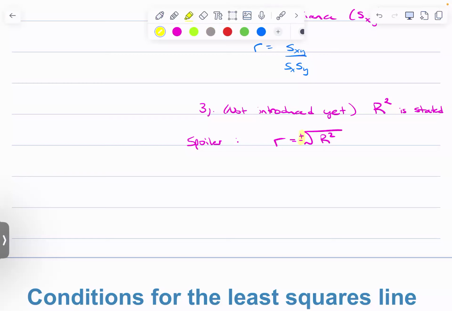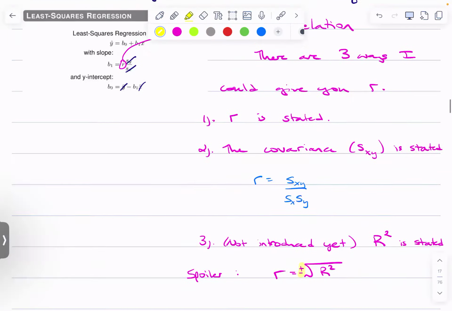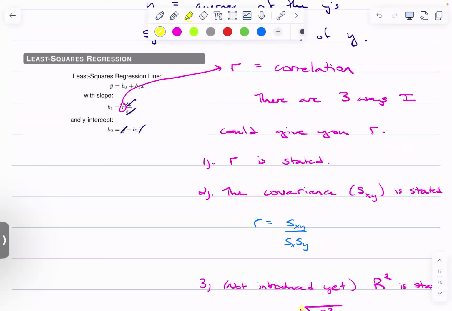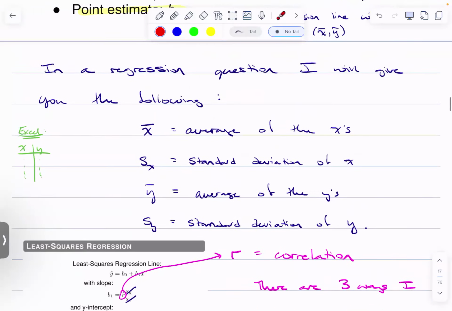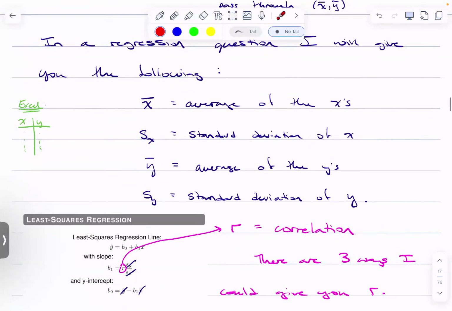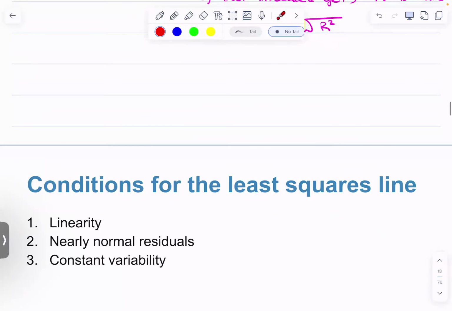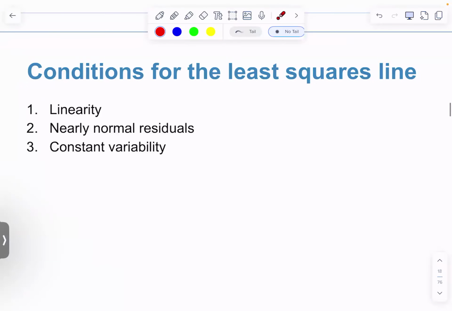So it's not introduced yet, but there are 3 ways that I could give you the correlation. Once you have that, you have all the components to calculate the slope and the intercept, and the math is not terrible. That's kind of nice. I've got an example, but it's not for a while.